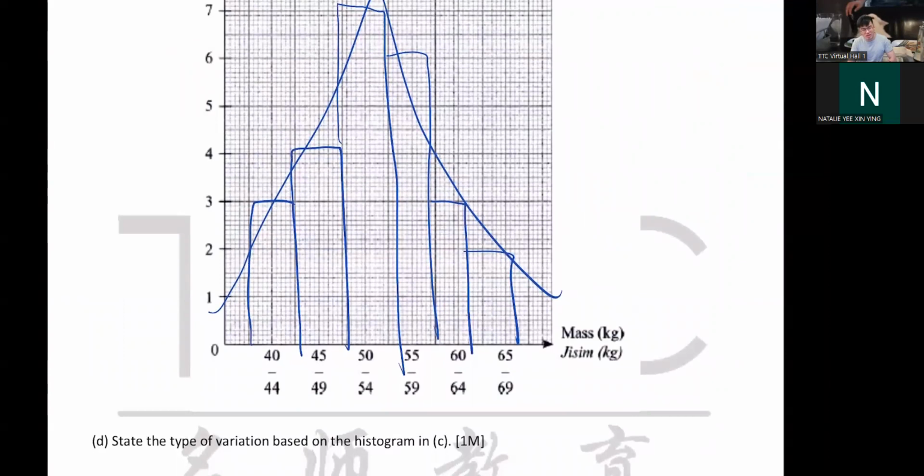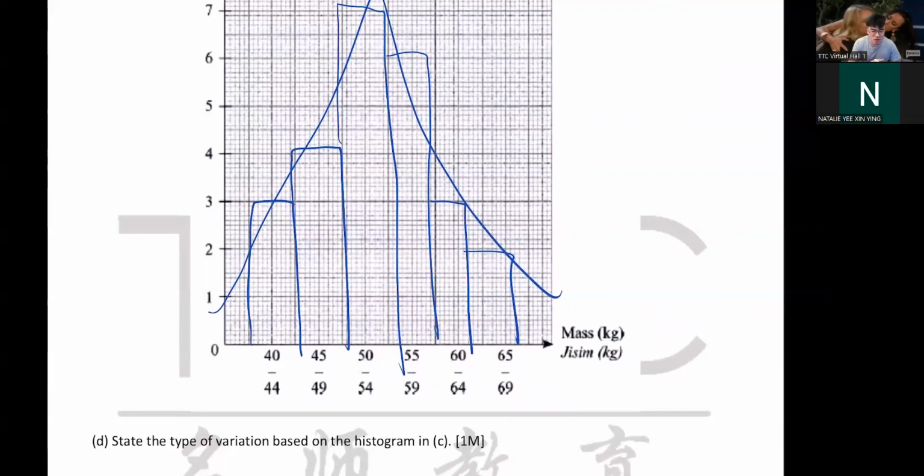We call it continuous because, let's talk about body weight. Why do I say so? In your school, you have people who are 40 kg, 40.1, 40.2, 40.3, 40.4, 40.5, until 41. And then you have someone 41.1, 41.2, 41.3. It's a continuous value, so it's very hard to differentiate this into classes.